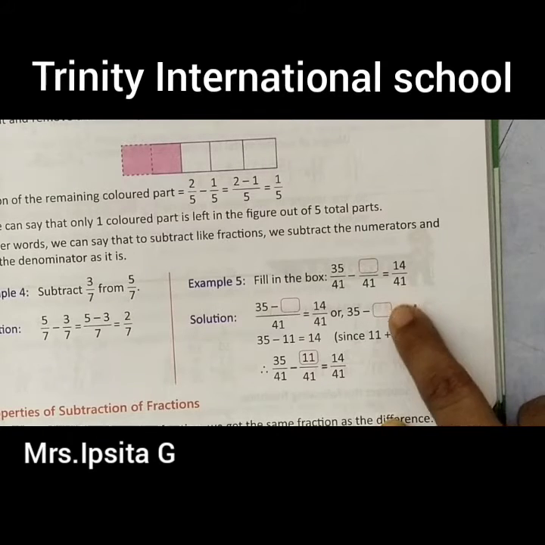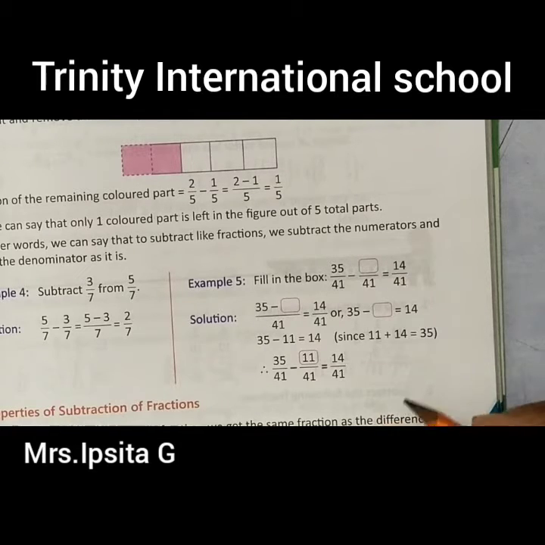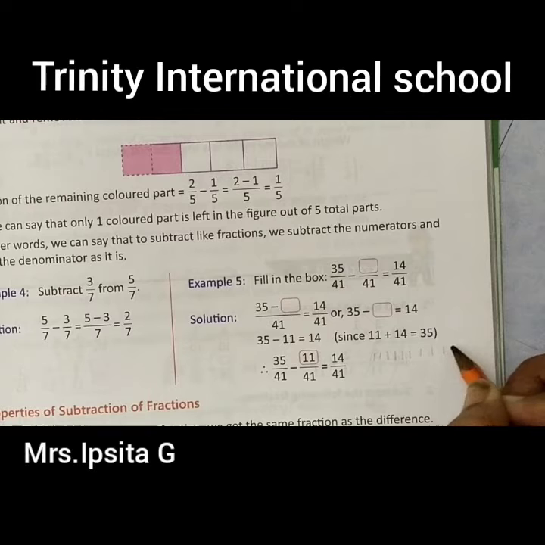So you have to see 14 के बाद कौन सा नंबर आप करोगे तो 35 आएगा। तो what you will do, you will just go for 15, 16, 17, 18, 19, 20, 21, 22, 23, 24, 25, 26, 27, 28, 29, 30, 31, 32, 33, 34, 35.